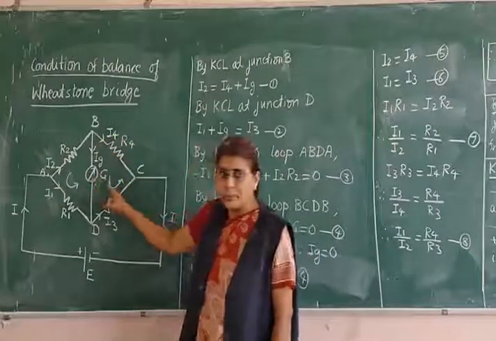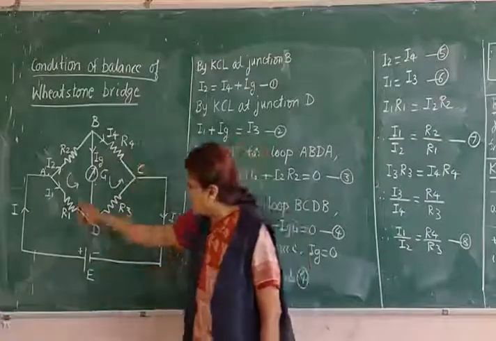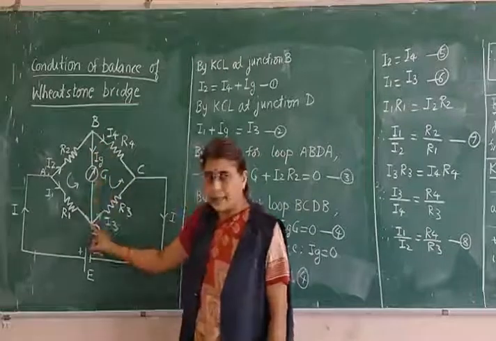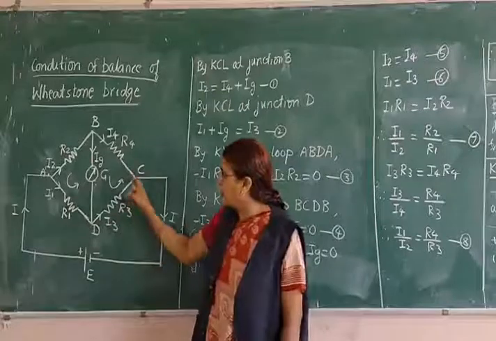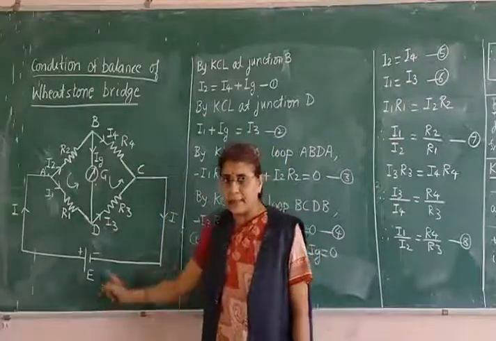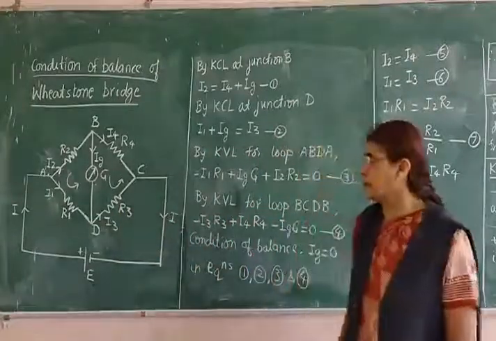Ig flows to the galvanometer and I4 flows through R4. Here I1 comes to the point D. Ig again comes to the point D and the resultant current I3 flows through R3. Now these 2 currents I4 and I3 combine to form the main current I. So this is the arrangement of this Wheatstone's network.